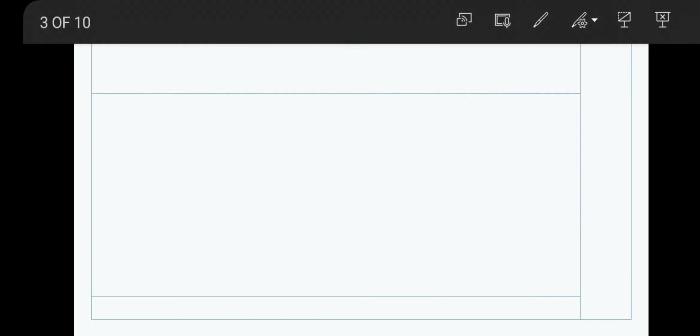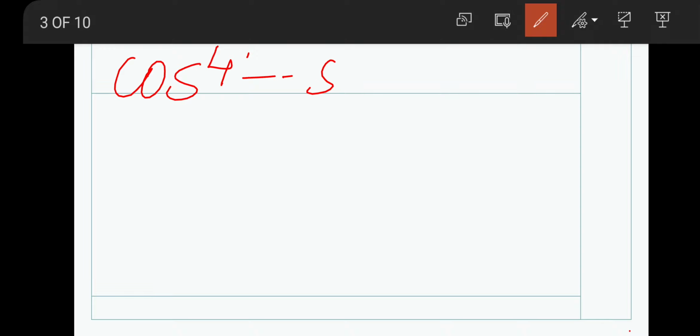Coming to the second question: analyze and assess the value of cos 4a minus sin 4a. Instead of theta, here they give a. So what's the relation between cos and sin? Sin square theta plus cos square theta equals 1. So cos 4a minus sin 4a.